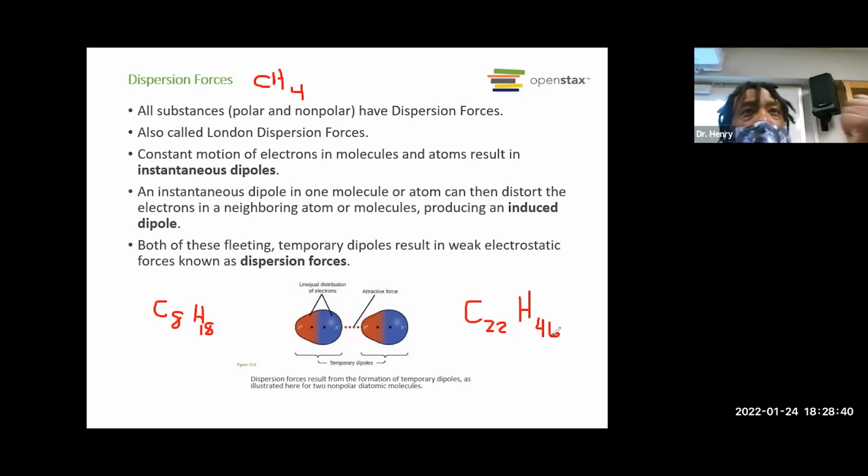That's going to add even more strength because those guys are electronegative, which means they're really attracted. So it's going to take even more energy, okay? Does that make sense?